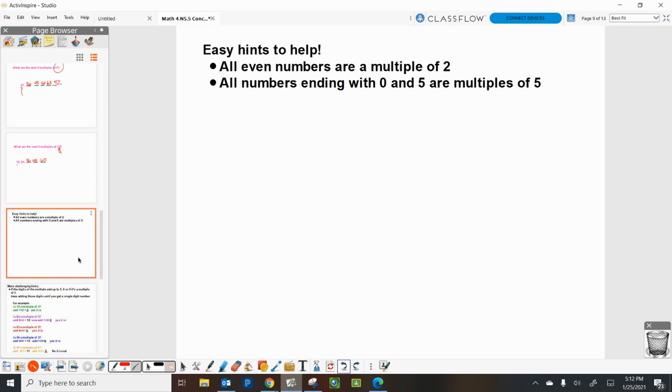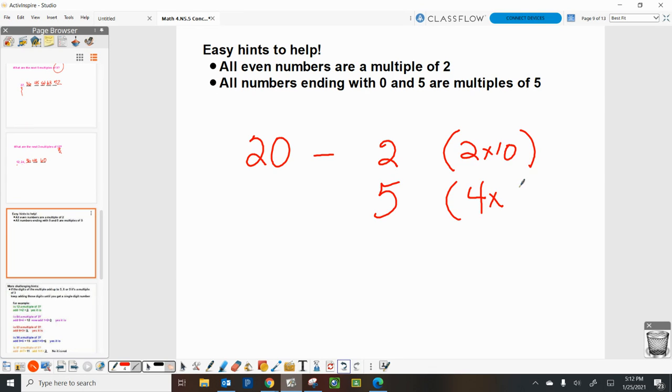Now, these are just a few little hints to help you. If a number's even, we always know it's going to be a multiple of 2, always. If a number ends with a 0 or a 5, you're going to have multiples of 5. So for example, if my number is 20, I know that 20 is a multiple of 2 because I know I can do 2 times 10, get 20, but it's also a multiple of 5.